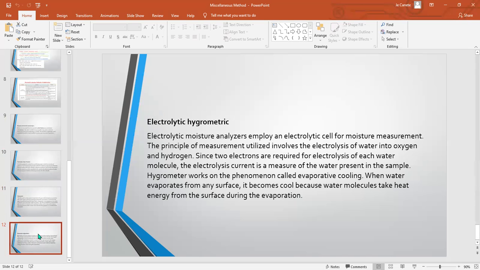Since two electrons are required for electrolysis of each water molecule, the electrolysis current is a measure of water present in the sample. Hygrometer works on the phenomenon called evaporative cooling. When water evaporates from any surface, it becomes cool because water molecules extract energy from the surface during evaporation.